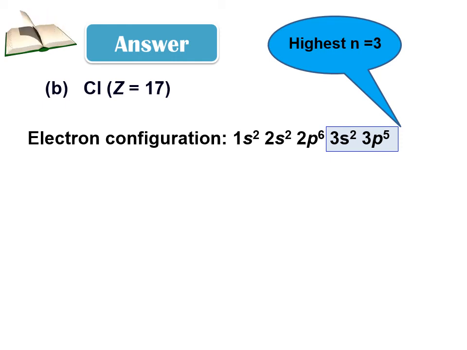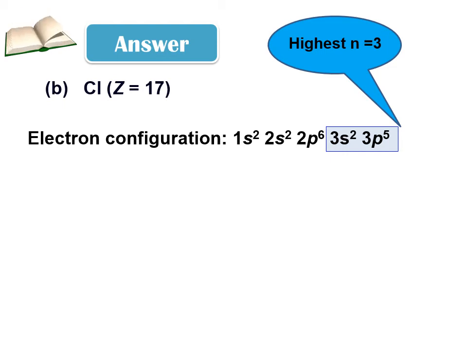And how about the block? The highest energy orbital is 3p, so chlorine is in P block. For P block, the valence electronic configuration is 3s2, 3p5.